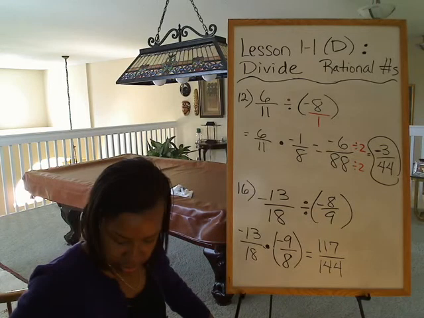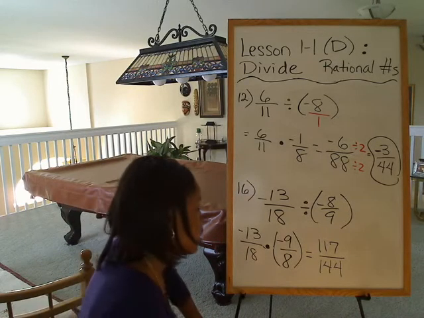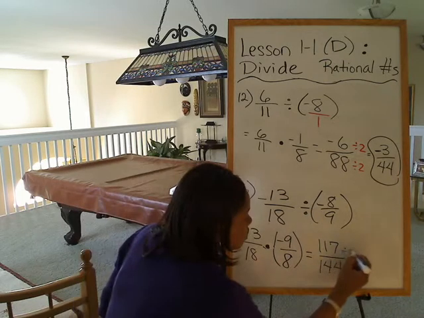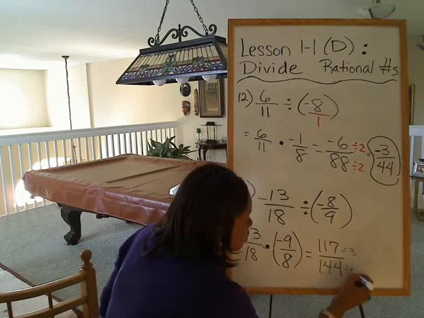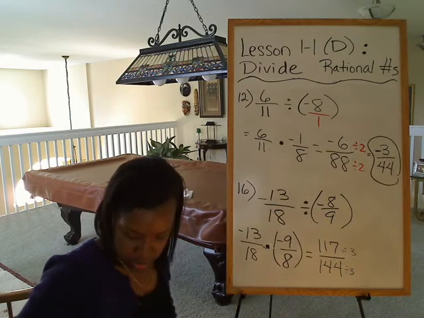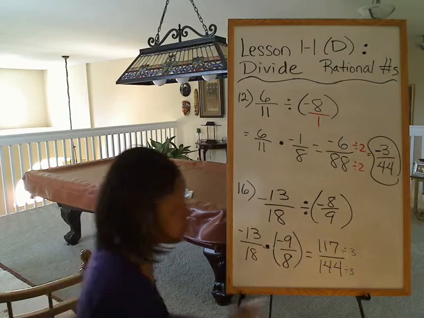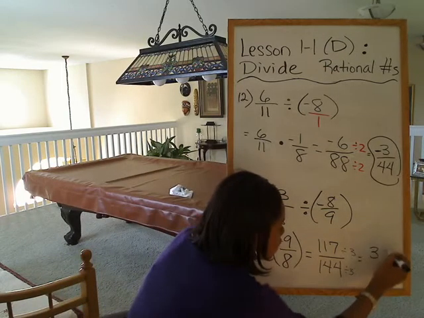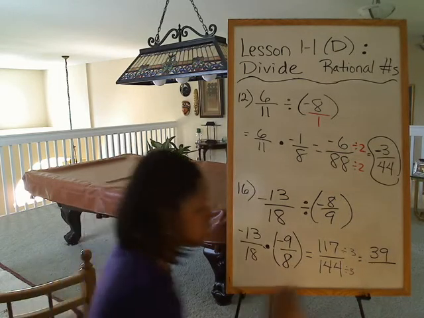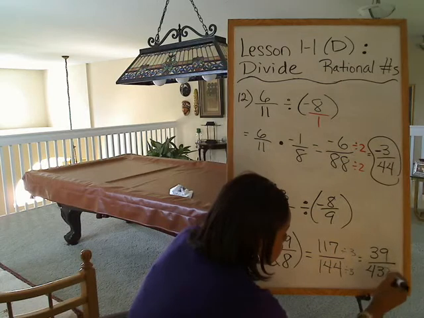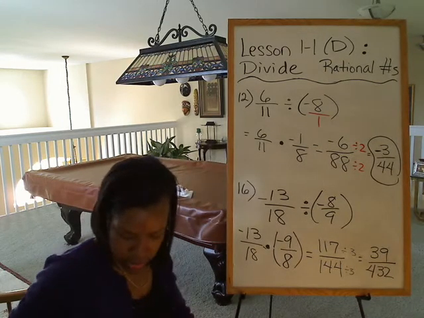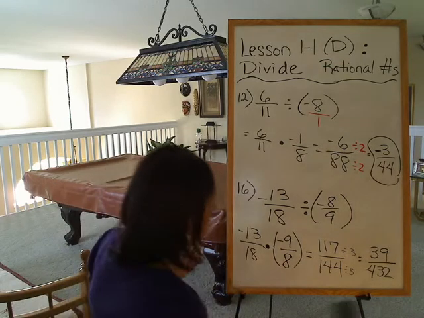I don't know if that can be simplified. I think you can divide by 3. Let's see. 117 divided by 3 gives you 39. So I was right. 144 divided by 3 gives you 48. I wonder if I can divide by 3 again. Let me see. I think so. Yep.